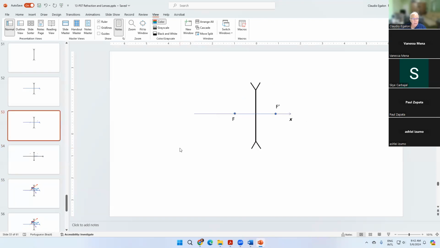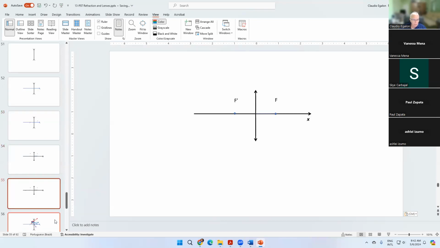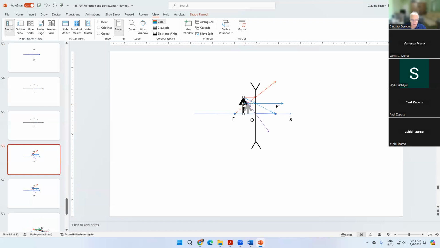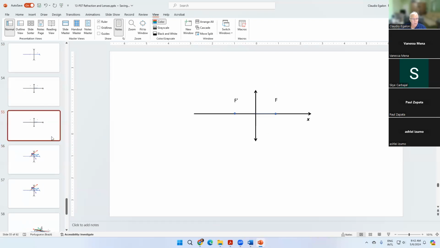And now we can put an object in front of our lens. In this case, I put the object between the focal point F prime and the lens itself. Okay?